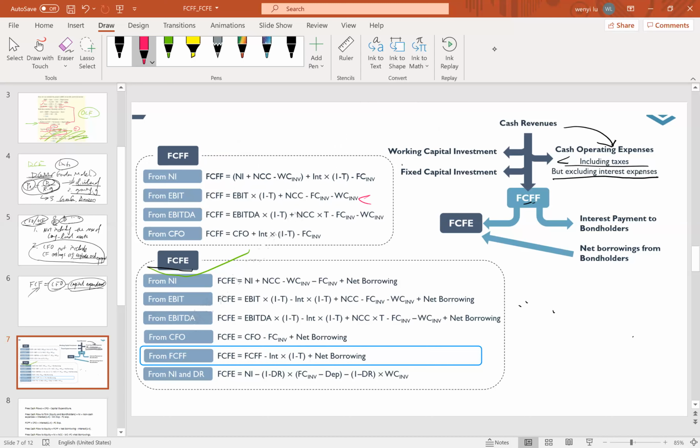Same for the other formulas, you can derive from this one. And you can see here, for a CFO, the cash flow from operations equals net income plus a non-cash charge, minus working capital investment. That's something we mentioned before.